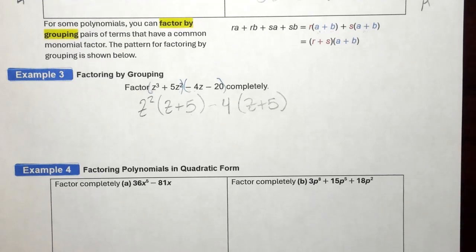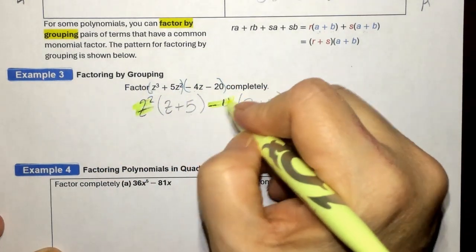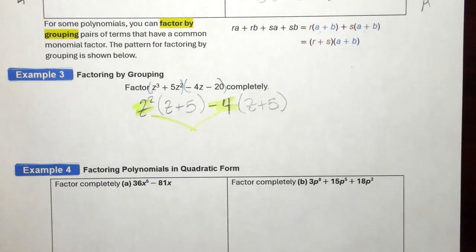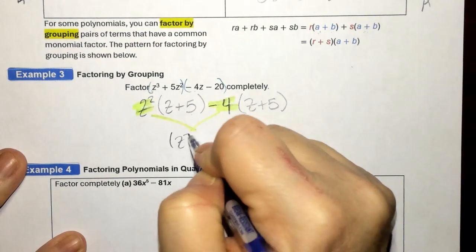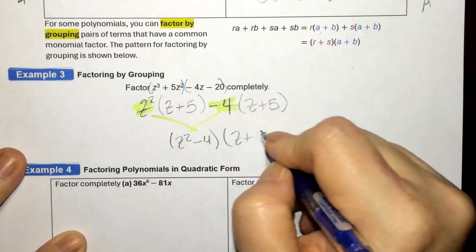All right, so now we're going to take our term on the outside and make them 1. So this becomes z squared minus 4, and then we have z plus 5.